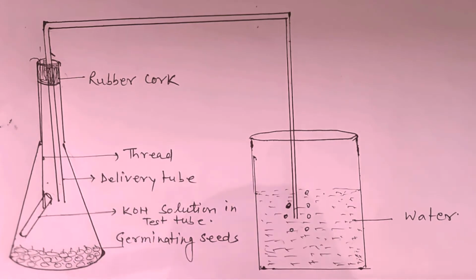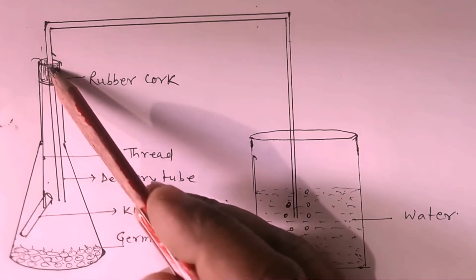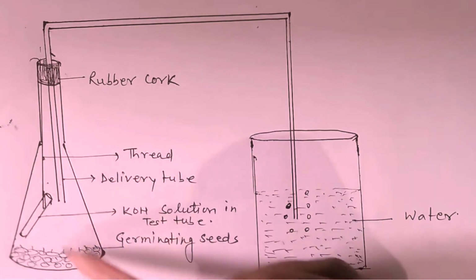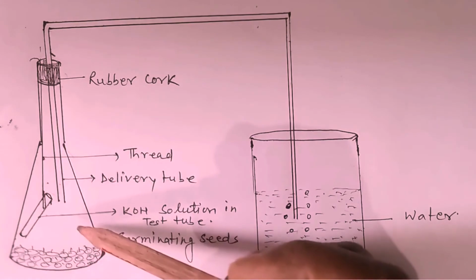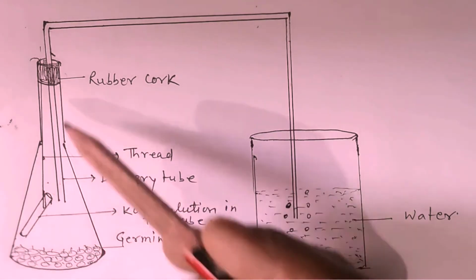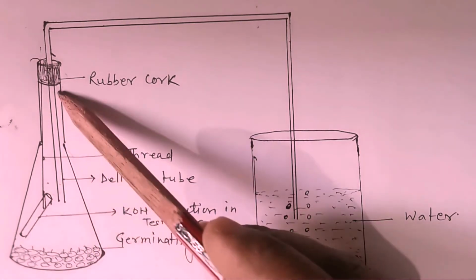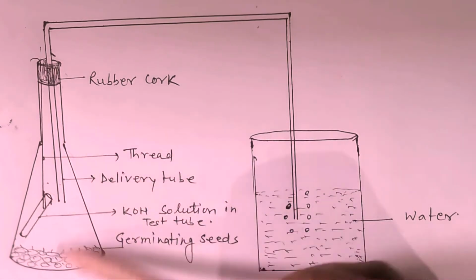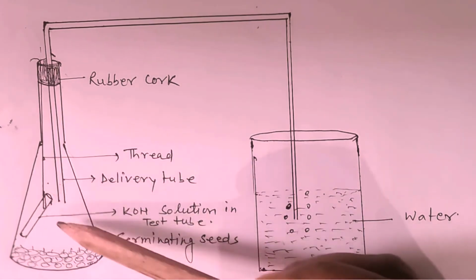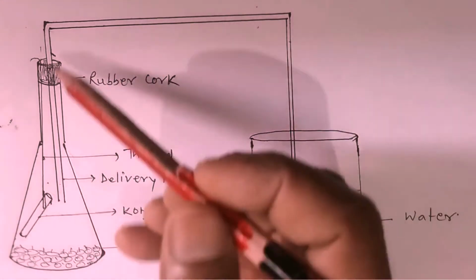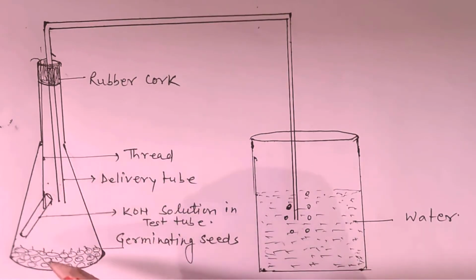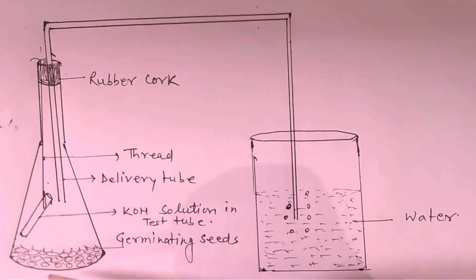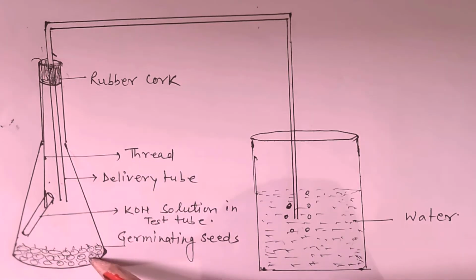You know very well that during the respiration process the oxygen is utilized. So when you put the cork on the conical flask and make it airtight, then the air which was trapped inside the conical flask or in the delivery tube, whatever amount of oxygen it has, is used up by these germinated seeds.